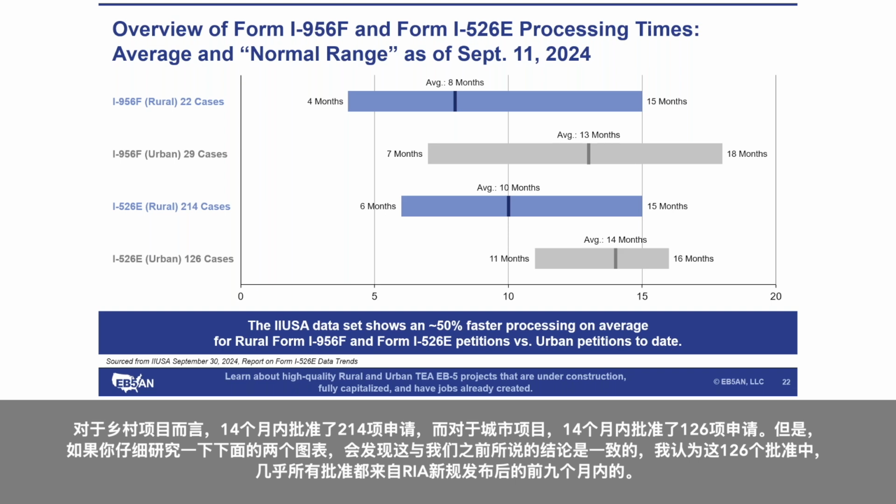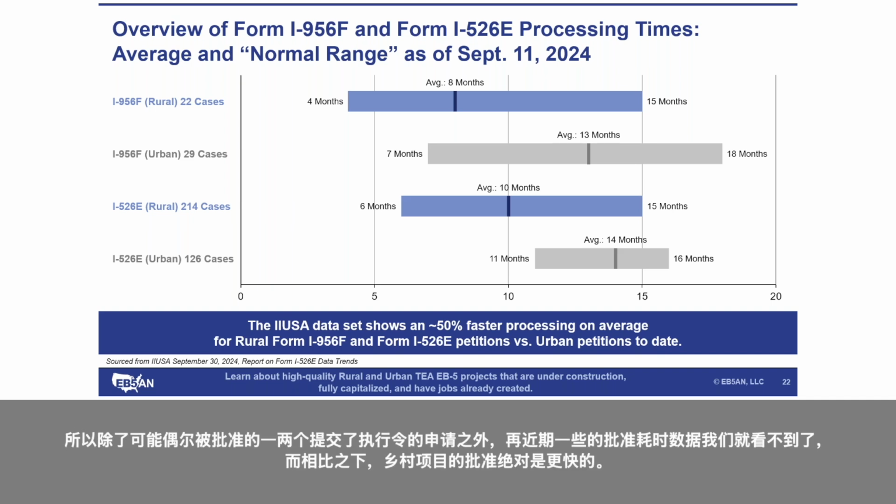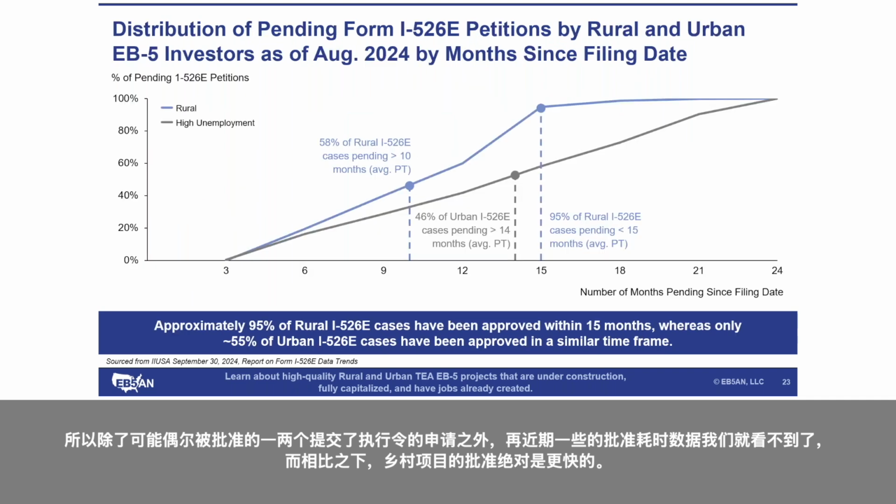But if you look at those bottom two charts and you really double click, it's the same thing we were saying before, where I imagine of those 126 approvals, nearly all of them came from within the first 9 months post RIA of investors filing. So we don't really have anything more recent than that of seeing how quickly it is, other than maybe an exception or two of an expedited mandamus, versus the rural, which are definitely happening more quickly.